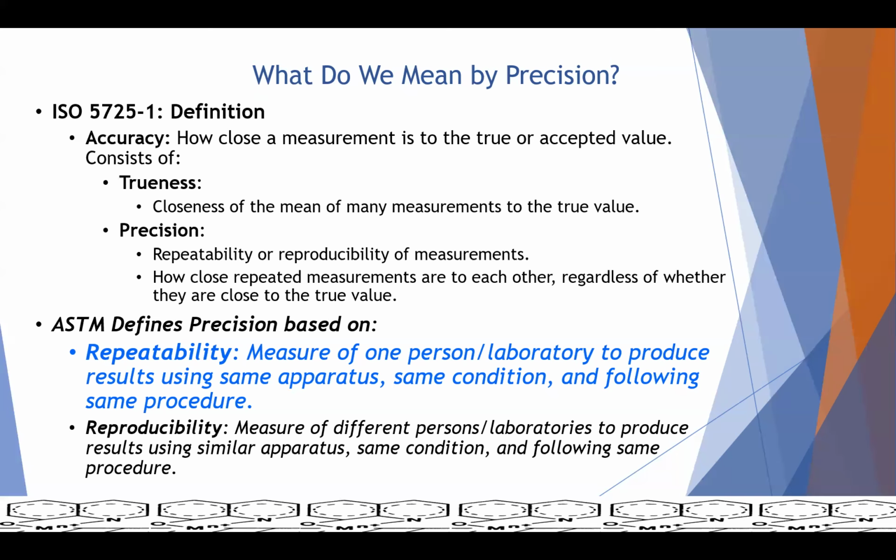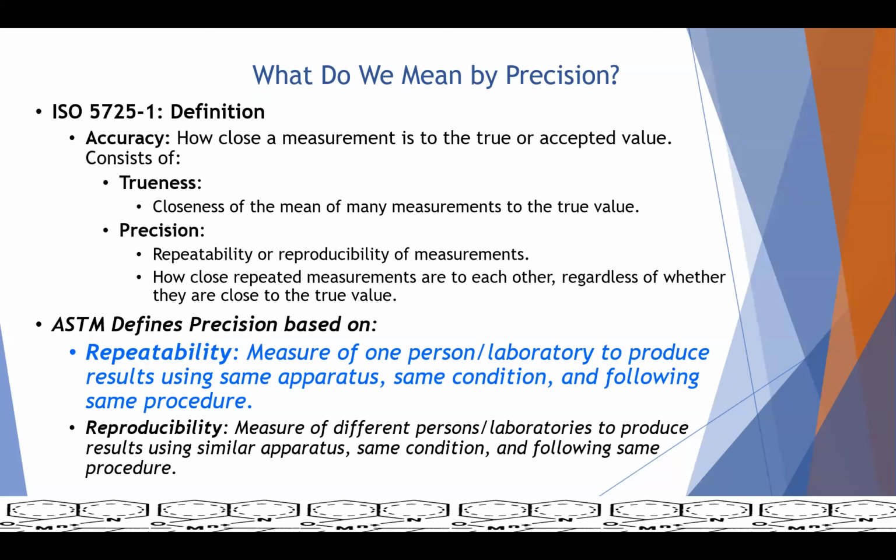The second part is precision. When we say sun rises in the east, we all know what it means. It is precise. When you look at the east side, in the morning, sun comes up. That is precision. So we all accept a statement consistently. And the precision, according to ISO, consists of repeatability and reproducibility.